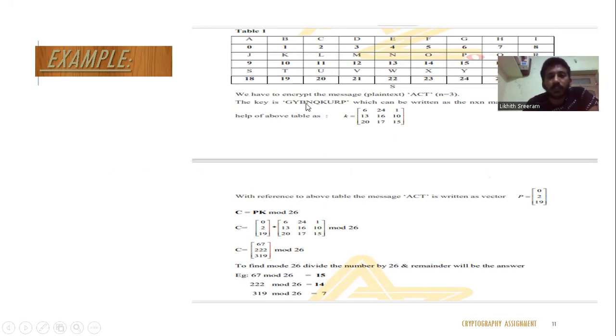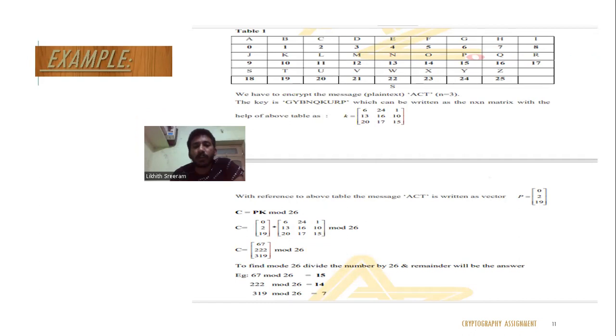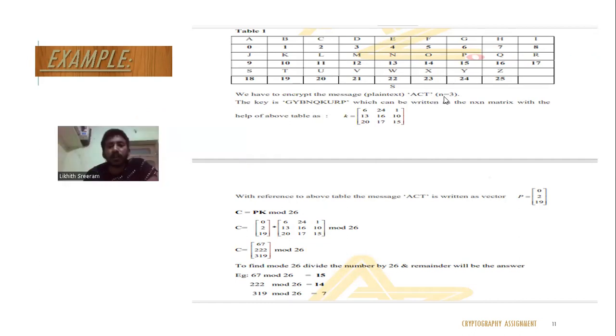The key is GYBNQQKURP, which can be written as the n cross n matrix with the help of the above table. Here n is equal to 3, which means the number of elements contained in a row of any cipher or plain text depends upon this n value.